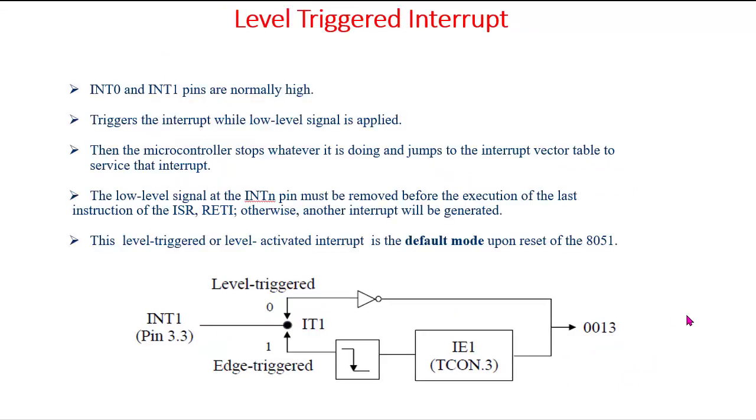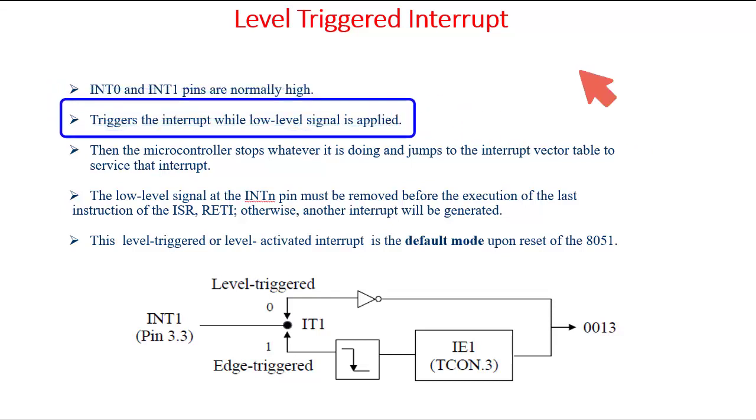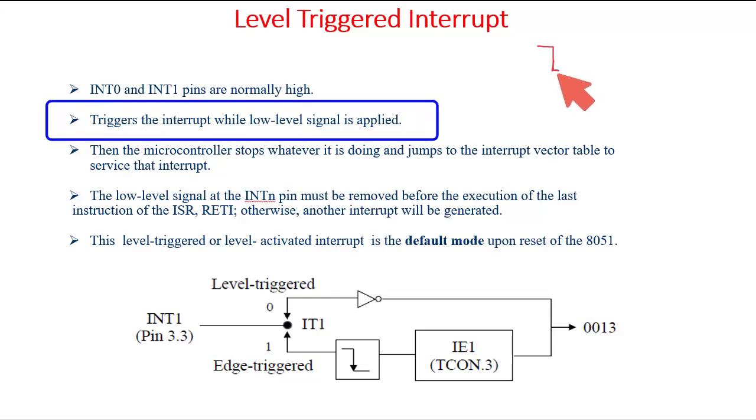Now explaining the level triggered interrupt. Initially, INT0 and INT1 pins are normally high. The interrupt is triggered when a low level signal is applied. Initially it was high, then a low level signal came and it exists for a certain duration.